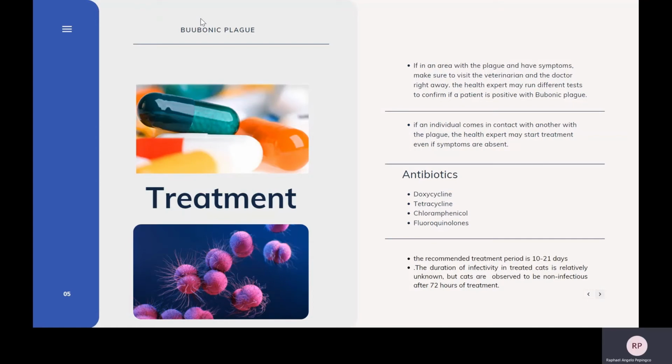So the recommended treatment period is around 10 to 21 days, and the duration of infectivity in treated cats is relatively unknown, but cats are observed to be non-infectious after 72 hours of treatment.